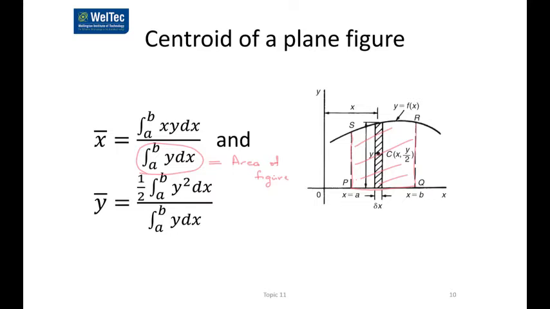So the x coordinate is equal to 1 over A times the integral between a and b of x y dx, and the y coordinate is 1 over 2A, because it's got a half on the top line, times the integral between b and a of y squared. Now, the only complicating thing is that sometimes you have to find y squared, or sometimes you might have to find x. So look at the problem individually.